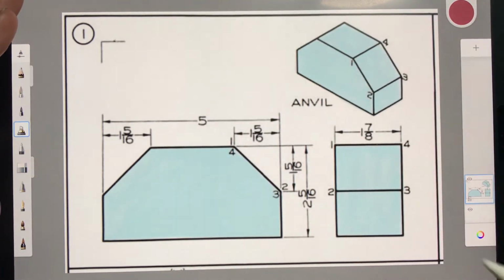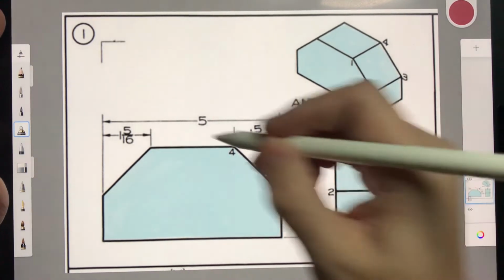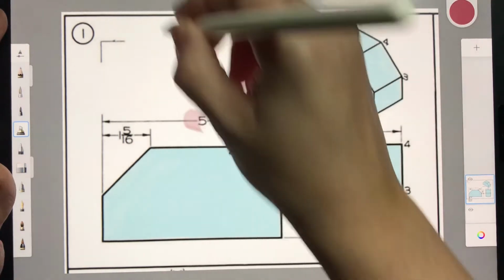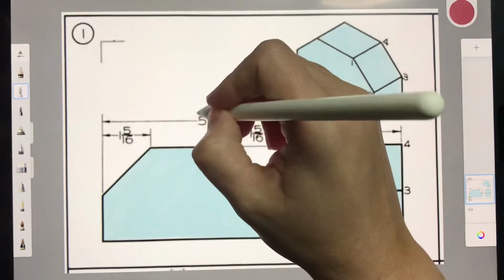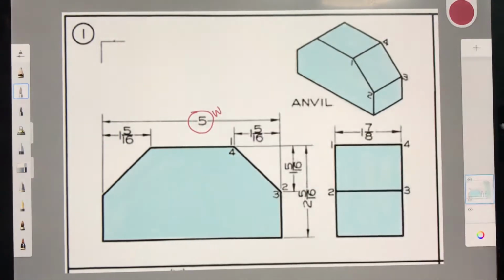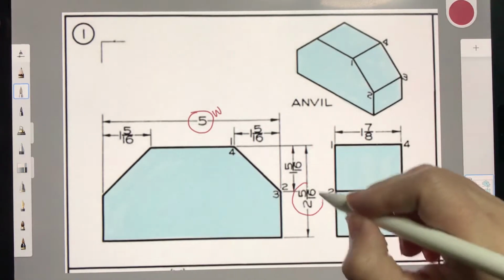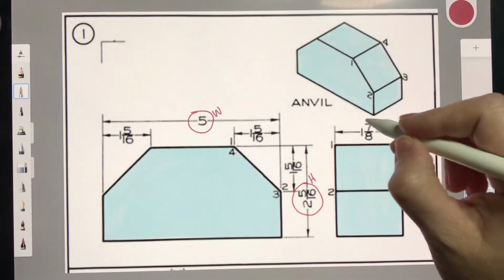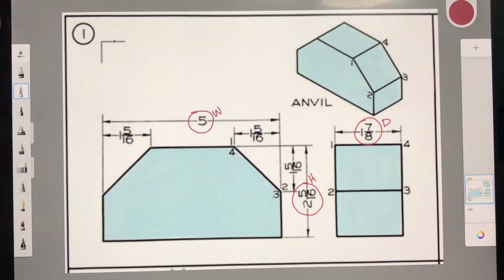The first thing you do whenever you start to draw an orthographic projection is find the height, the width, and the depth. Using your cheat sheet, if you need it, find the overall width, there's my width right here, my overall height, and there's my overall depth.